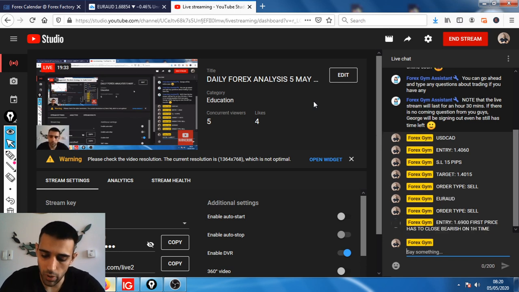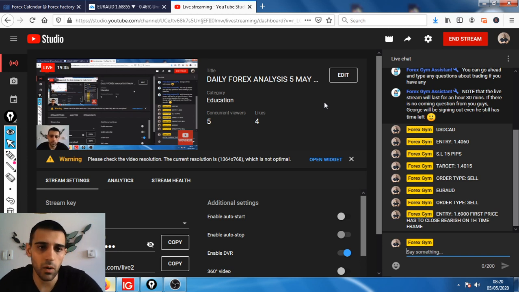So we need to wait for this hourly close, and it has to be a nice strong bearish candle. If it doesn't do that, then this disqualifies the entry. So basically, we do not take the trade if it does not do that. So the type of sell entry is here.